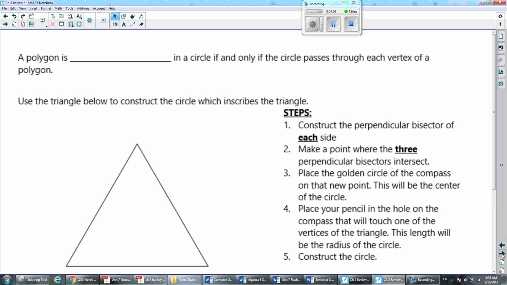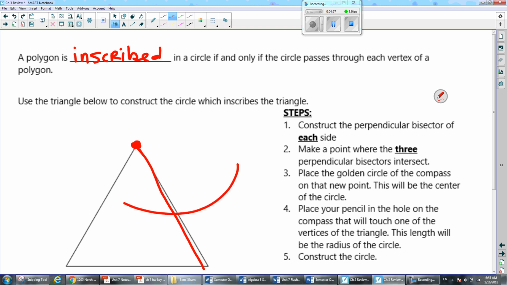So we say a polygon is inscribed in a circle if and only if the circle passes through each vertex of a polygon. So you need to construct the perpendicular bisector of each side. I'm going to start with this side. Okay, so I'm going to put my golden circle on this end, make an arc that's more than halfway.